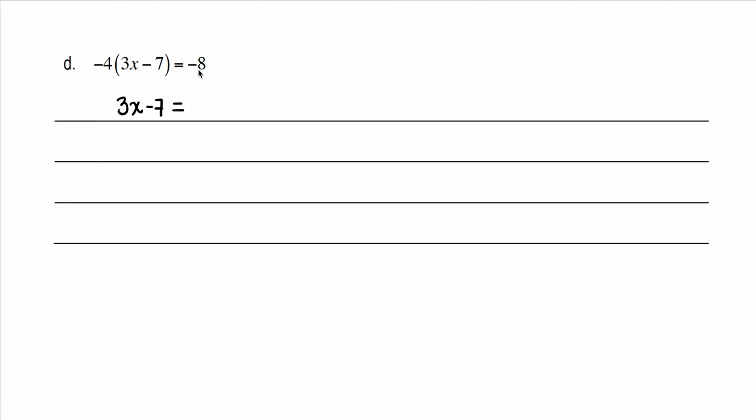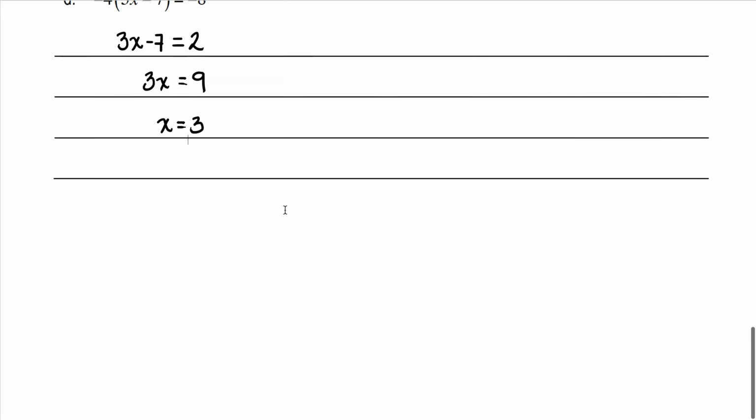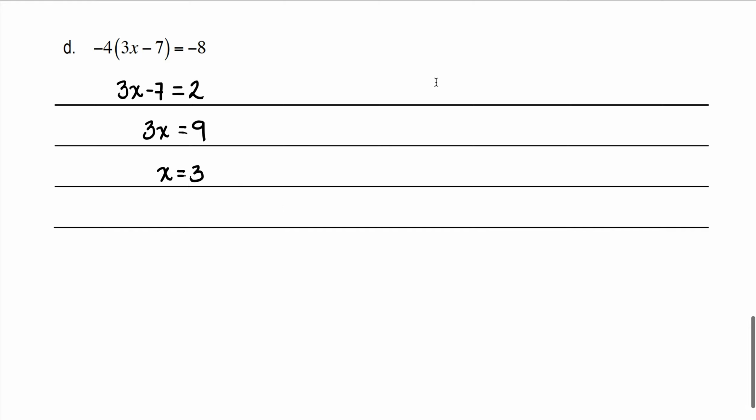Now, when I do negative 8 divided by negative 4, what do I get? 2. Agree? Now, what do I have to do? Add 7 on both sides. So then I have 3x is equal to 9. And finally, x equals 3. Wonderful. Okay, let's look. Oh, that's it. I'll continue in the next video.